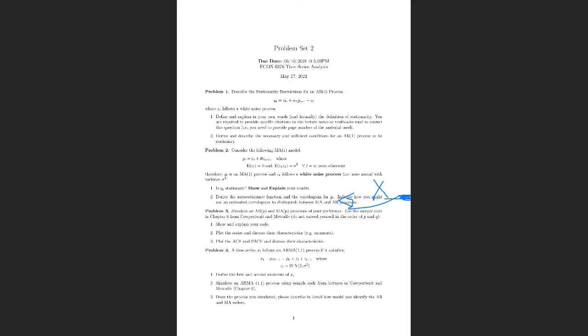So this is just the vanilla flavor of the AR1 model.